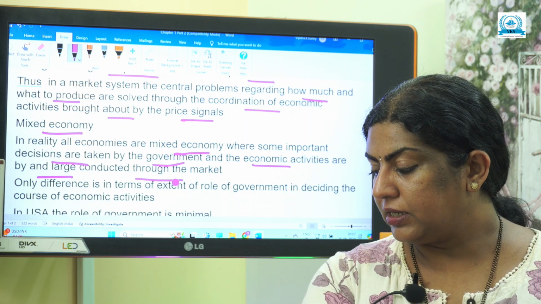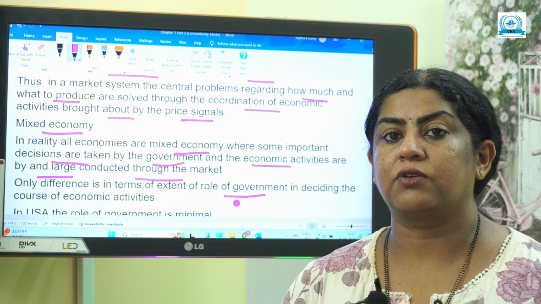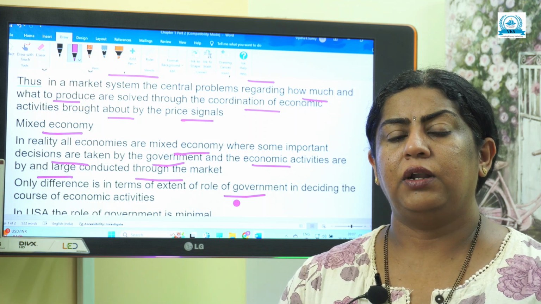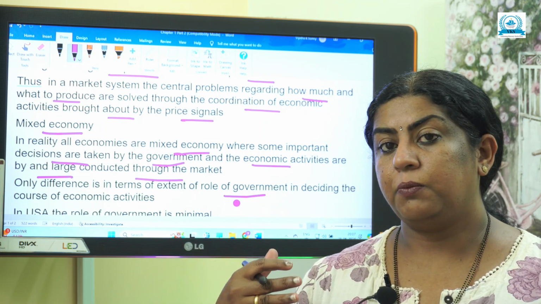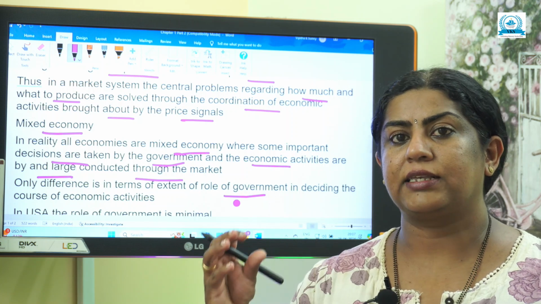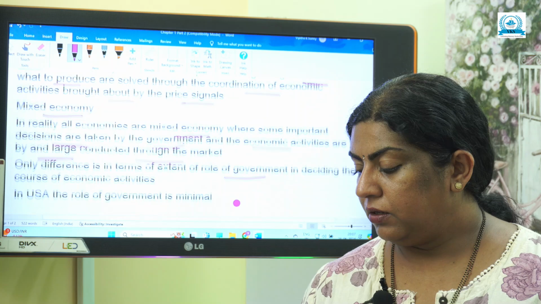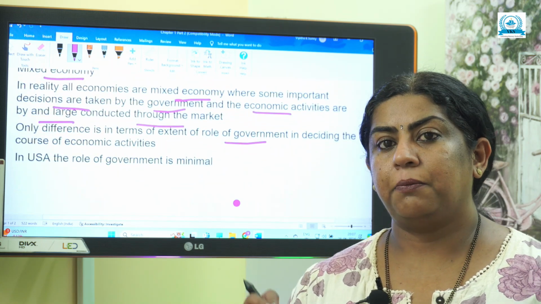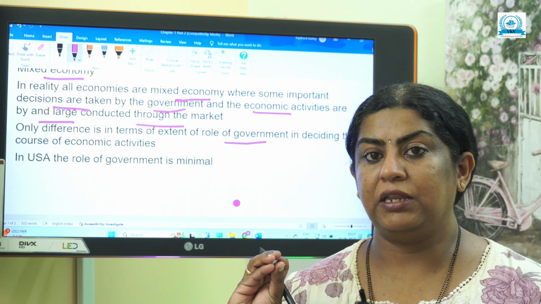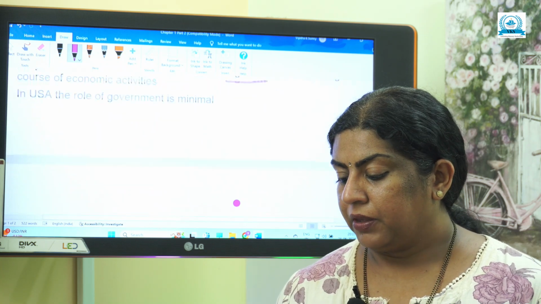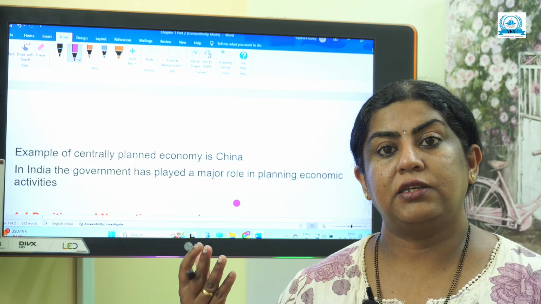The only difference is in terms of the extent of the role of government in deciding the course of economic activity. That is, the only thing is how much the government's role is, to what extent. Now in the USA, some examples here we are seeing. In the USA, the role of government is very minimal, very less. A good example of a centrally planned economy is China.